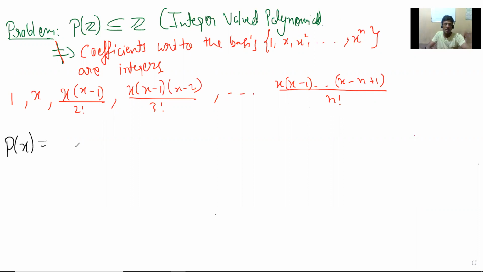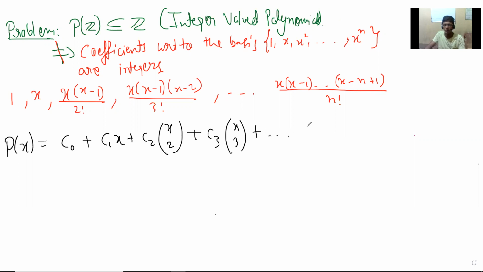So when you write p of x using, so now p of x is integer valued, let me just write x choose 2. What can you say about the coefficients now?